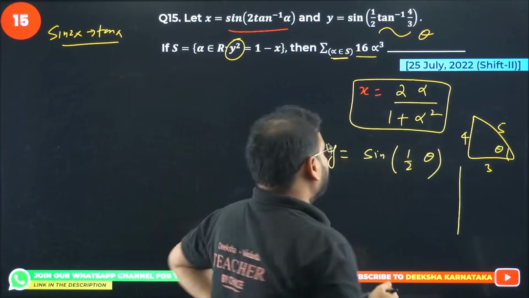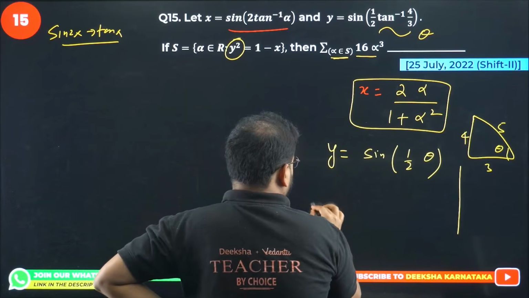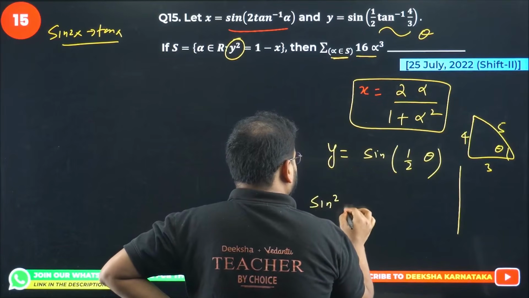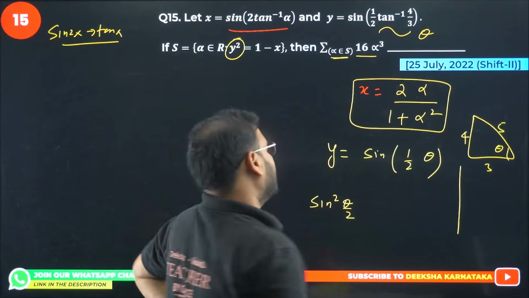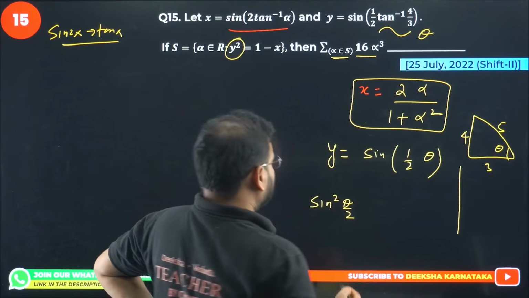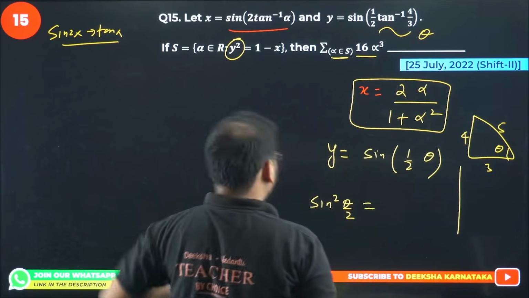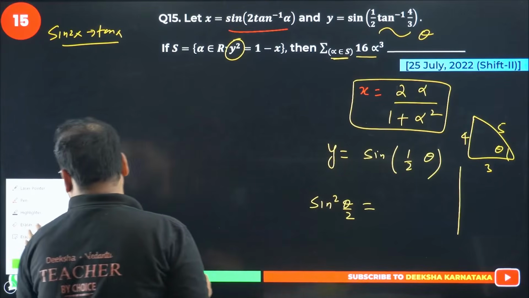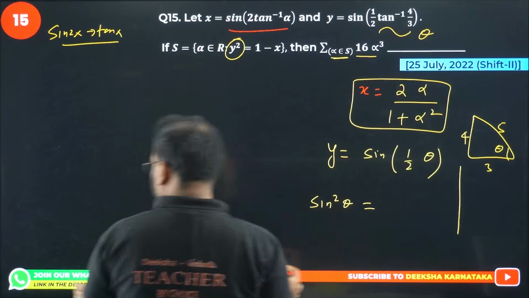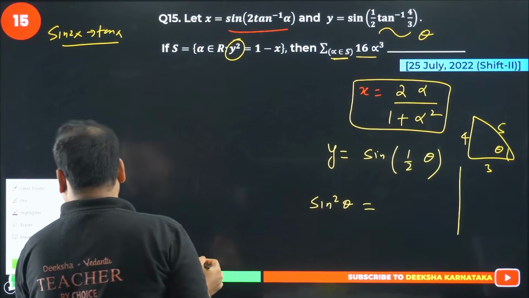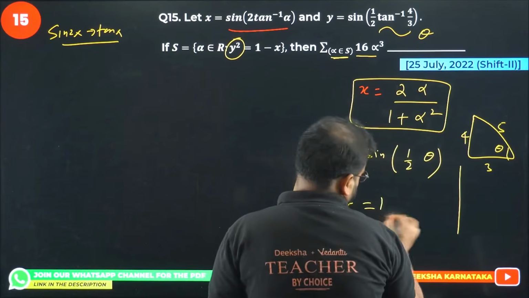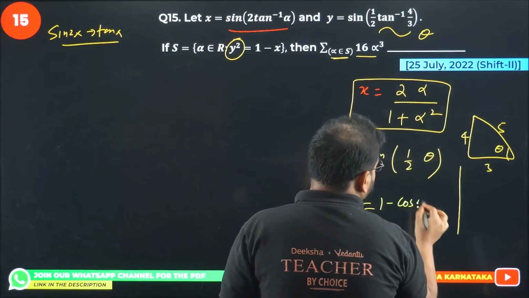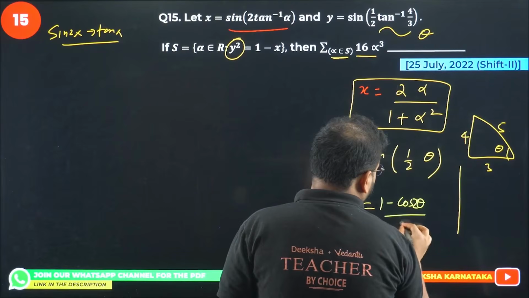Alright. Now sine square, this is a formula actually, sine square theta by 2 is given by 1 minus cos theta divided by 2, right?